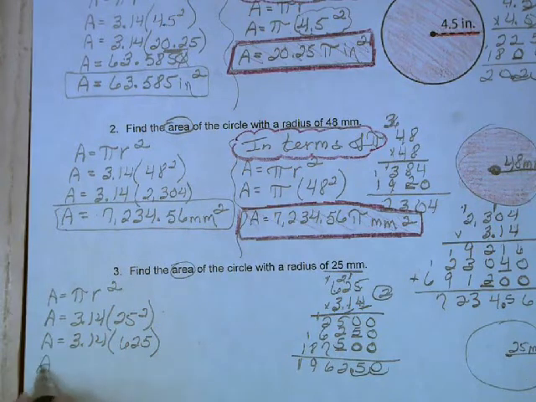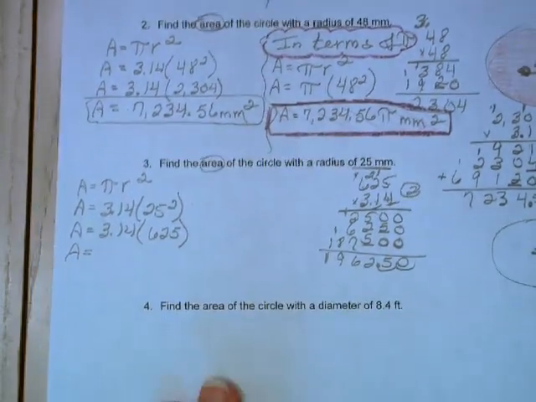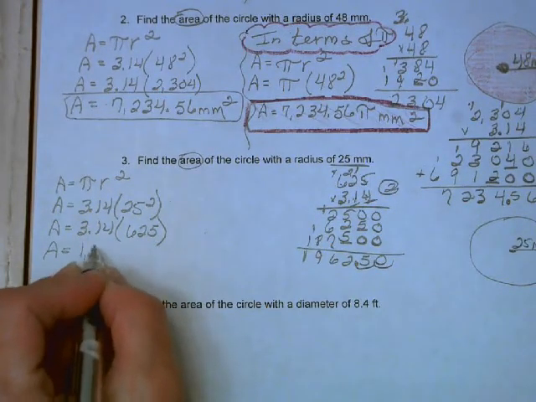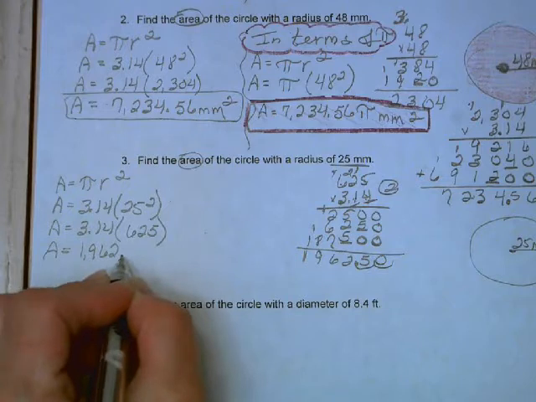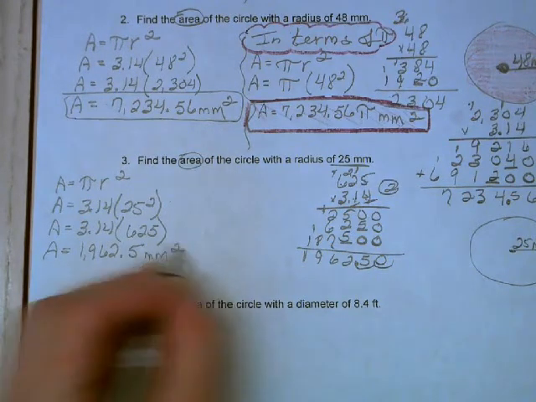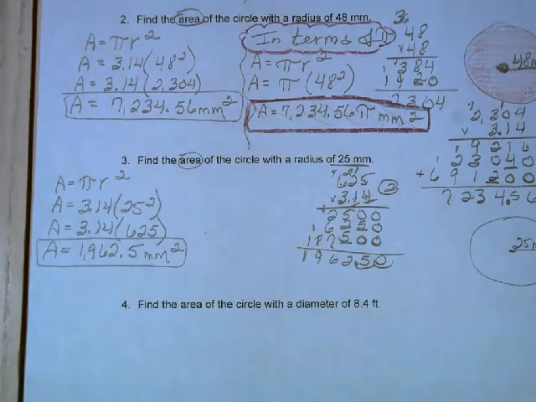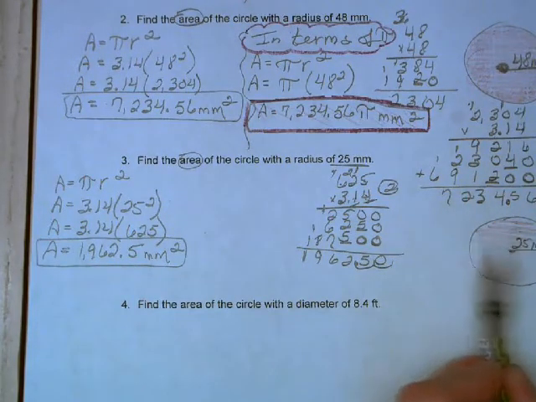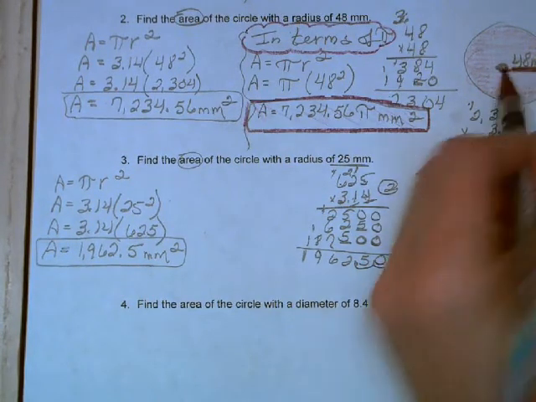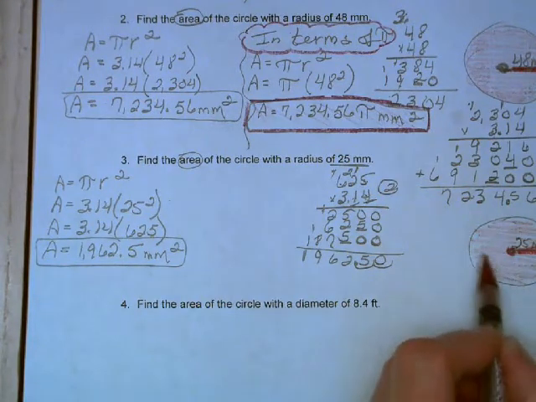I get area equals, hopefully you can see what I'm doing, 1,962.5 millimeters squared. And again, I dropped the 0. It holds no value at this point. And I've got my radius labeled, and I found the whole area of that circle.